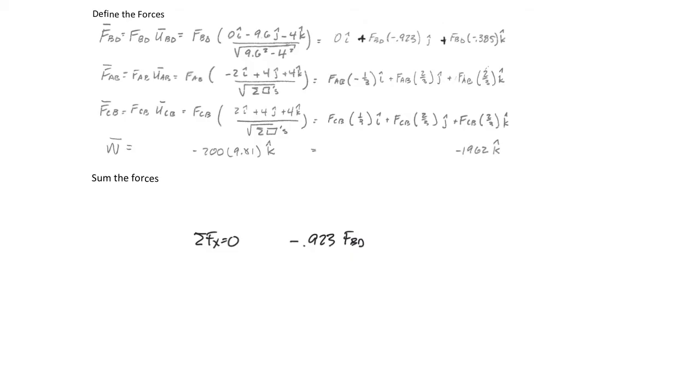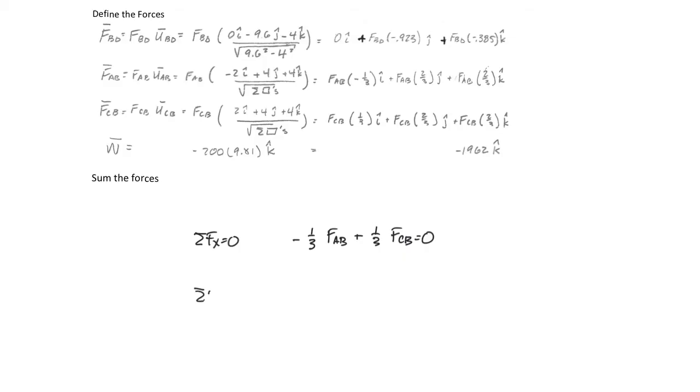Negative. Oh, I beg your pardon. I am doing j's. Let me look at just the i's here. Here we go. Sometimes you have to be pretty careful here, but it'd be negative 1/3 FAB and positive 1/3 FCB.